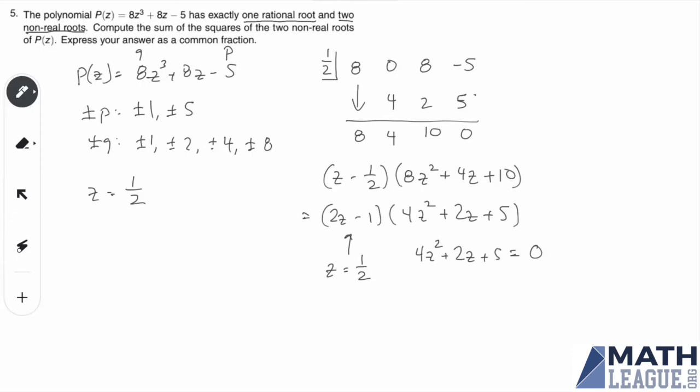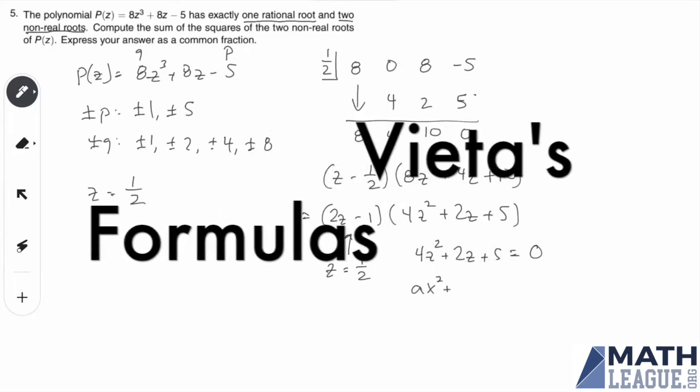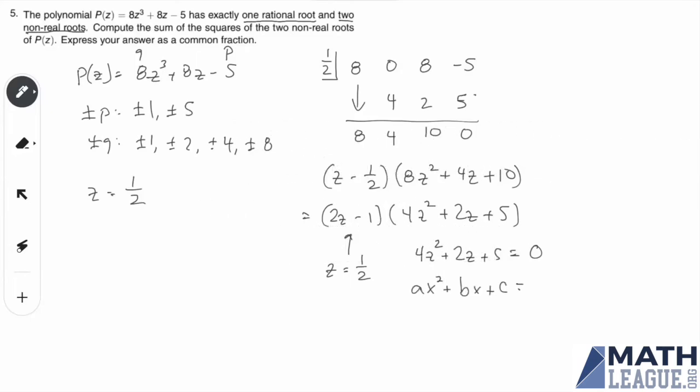This is using Vieta's formulas with a leading coefficient that's not 1. So we have ax squared plus bx plus c equals 0, and let's say the roots are p and q. Then p plus q is going to be negative b over a, and pq is c over a.